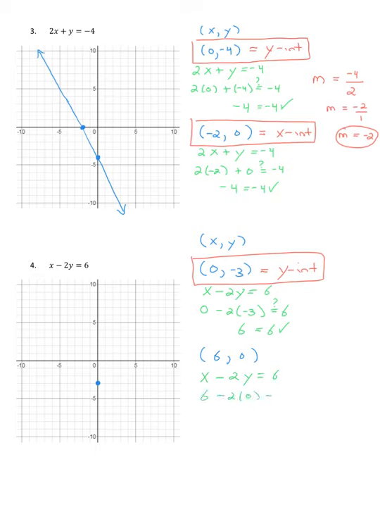I'm asking, is that true? And it quickly reduces to 6 is equal to 6, a true statement. So we get 6 for x and 0 for y. This is on the x-axis, meaning this is the x-intercept. And I'll draw the graph going between these 2 points.